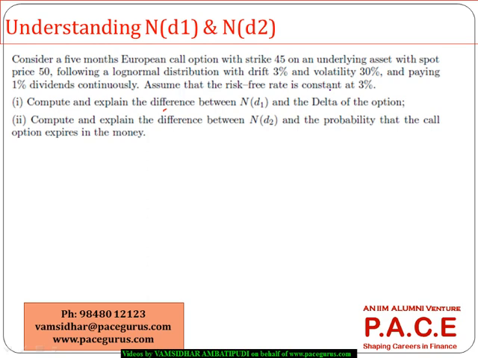Let's try to understand from a basic numerical how I really differentiate between N(d1) and delta. Sometimes we talk about, in case of a call option, whenever we use the formula for delta of a call option, we say N(d1) is the delta.